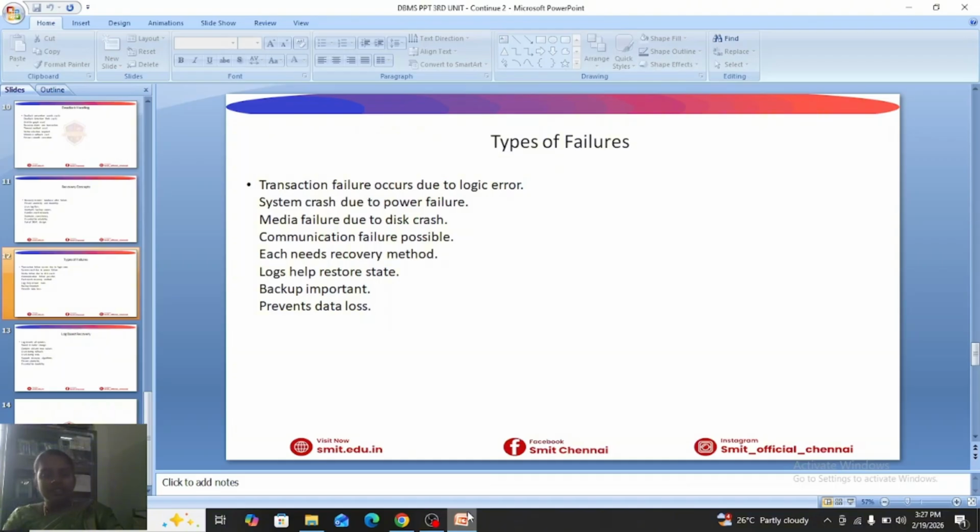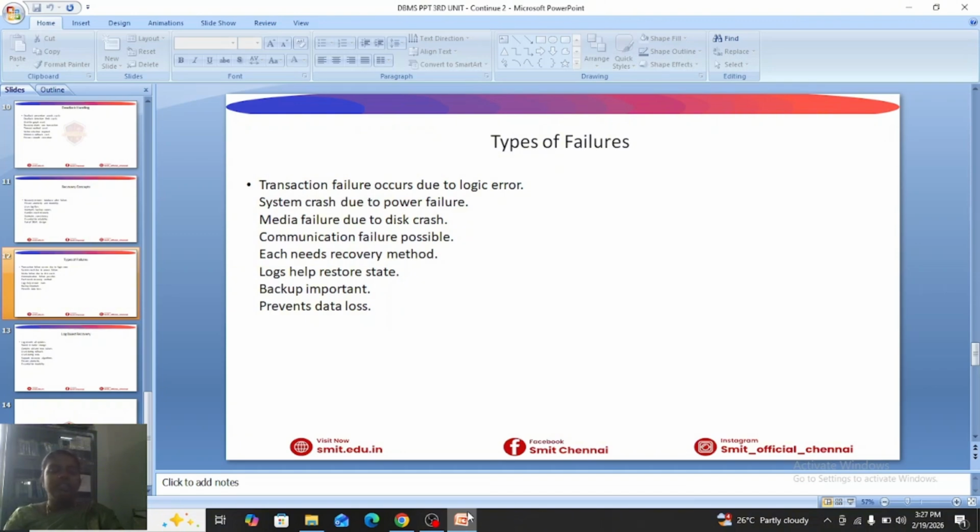Next is system failure, that is system crash. It occurs due to failure of the system while transactions are running. It is caused by power failure, operating system crash, or hardware malfunction. Media failure, or disk failure, occurs when secondary storage is damaged.